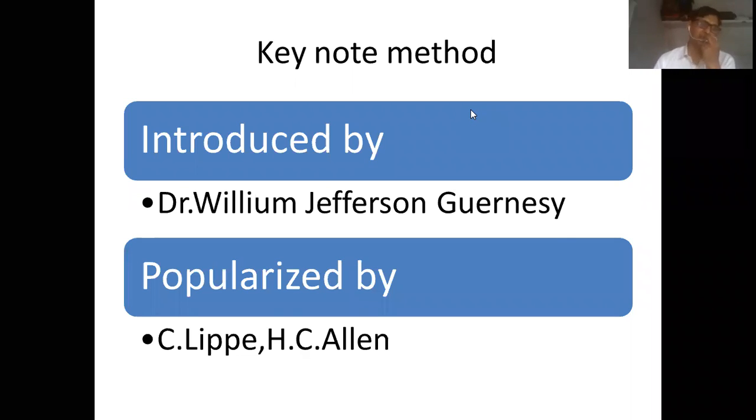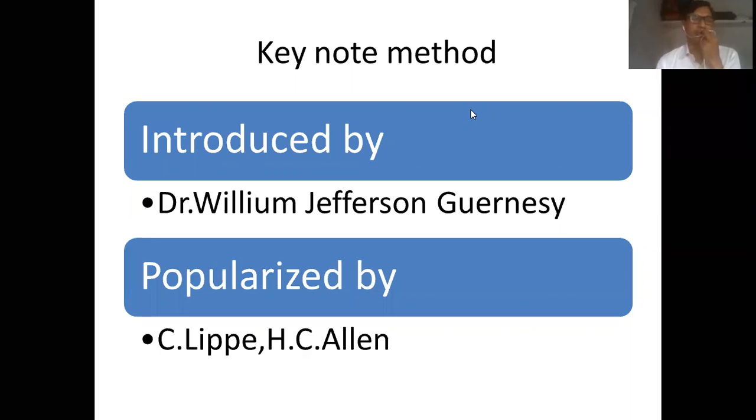Even to study a small drug like arnica, it would require weeks together. Because of that tedious method, shortcuts were required, and Guernsey applied his thought process and developed new ideas, which finally resulted in the keynote method.